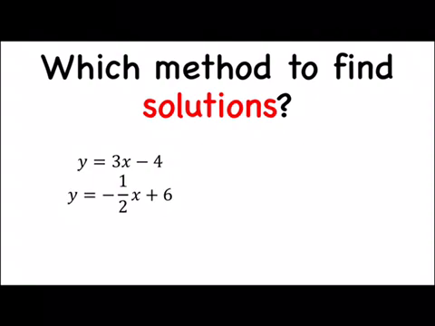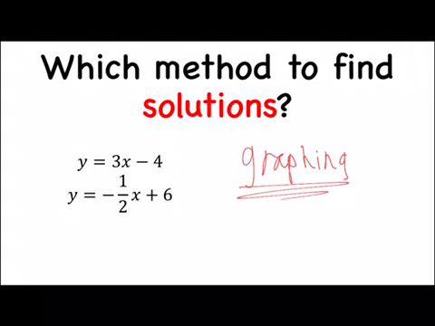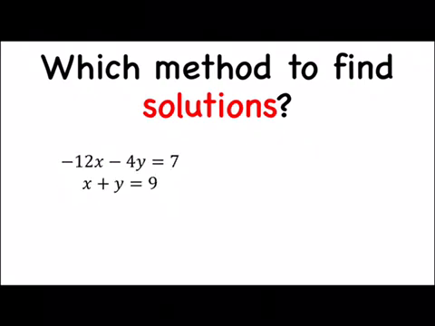So let's go through a couple practice questions. Which method to find the solutions? Graphing, substitution, or elimination? Graphing. We would use graphing because both are in y equals, which is slope-intercept form. Which method to find solutions?